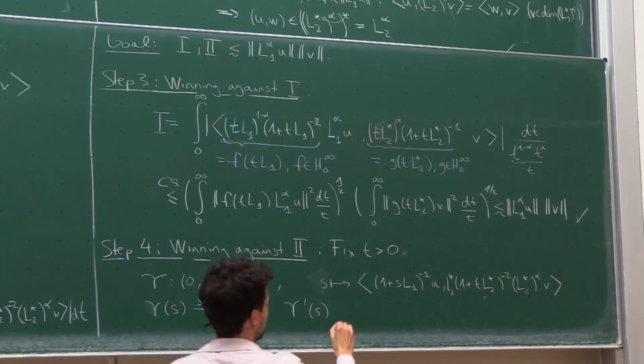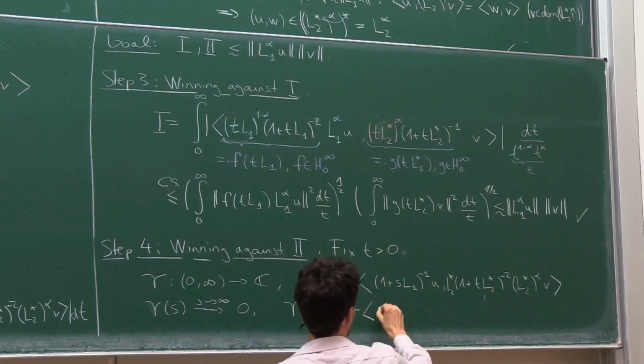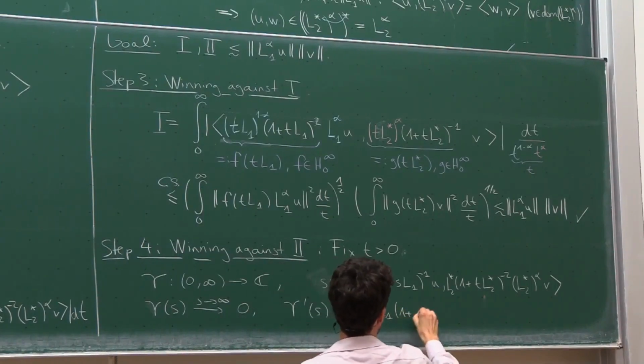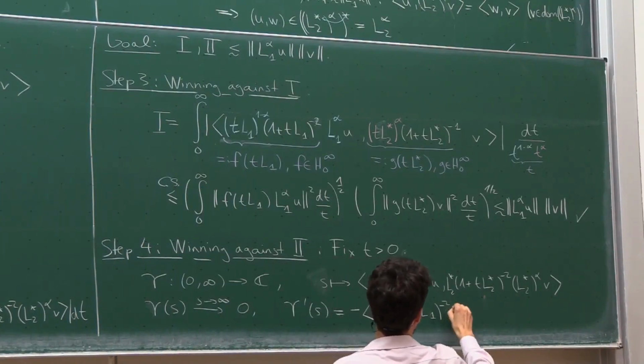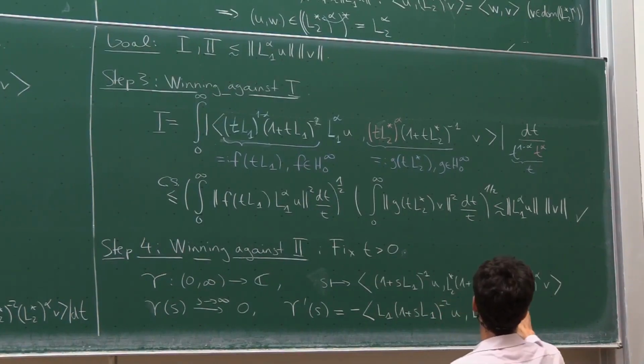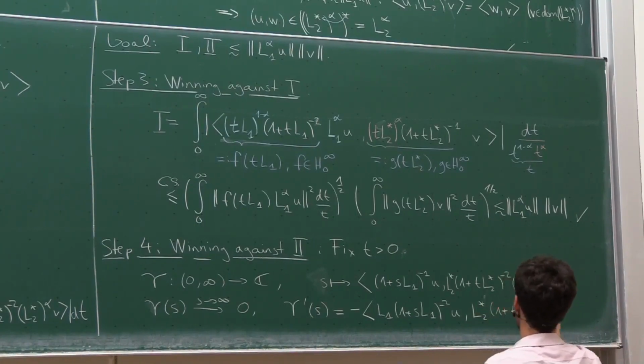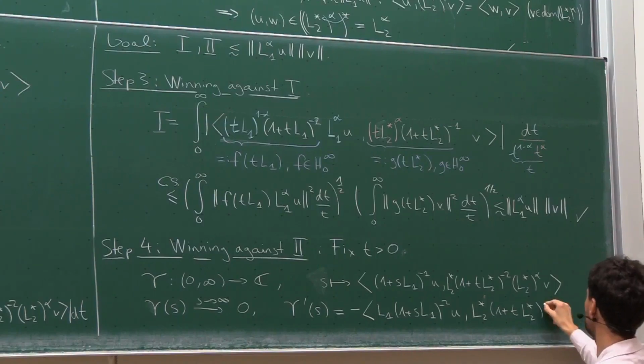So derivative of this auxiliary function is going to be minus, and then it's L1, 1 plus s L1 to the minus 2 on u, L2 star 1 plus t L2 star to the minus 2 L2 star on v.